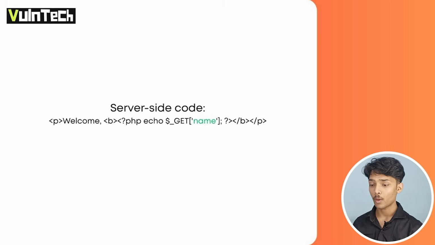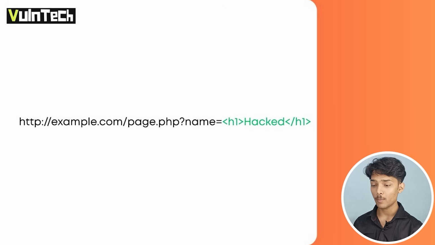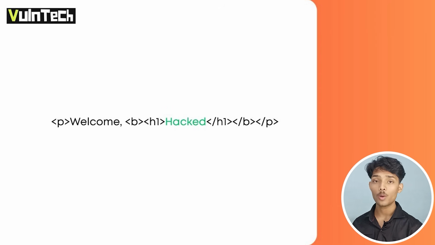For example, from the server side, the website is using this code to display your name after a welcome message. When the attacker puts in this code, what this website will output is welcome, hacked, because the hacker injected malicious HTML code that is now displaying some other information.